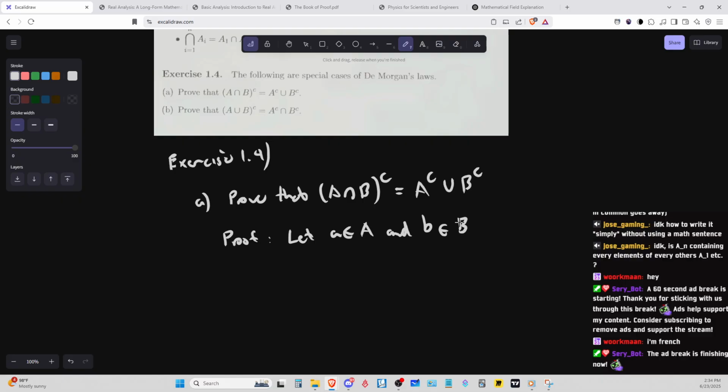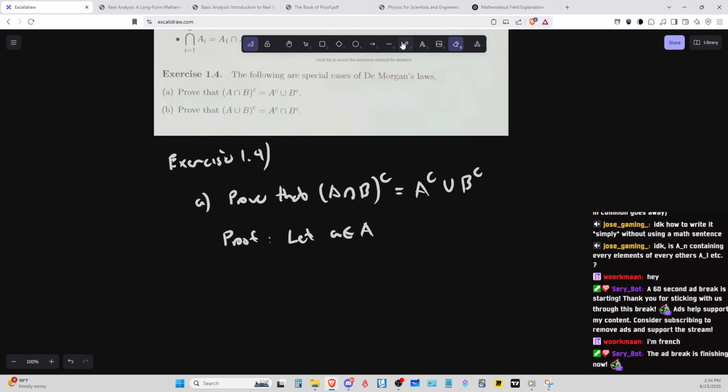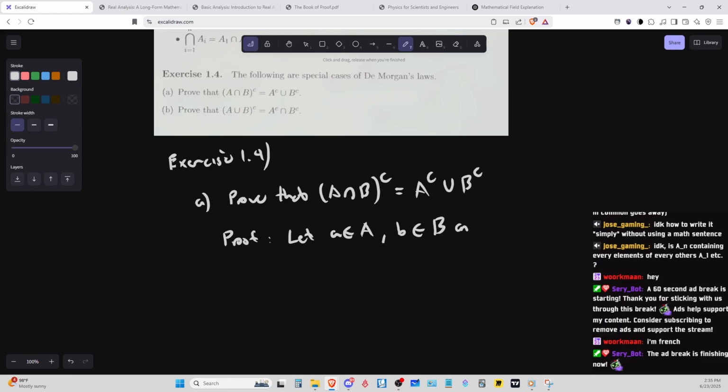So maybe we have to make up another variable, so A and B and C. Now I'm debating whether C should be the complement or the intersection of A and B. You know what?